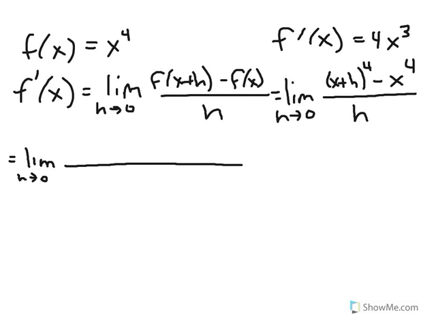So, using what we just saw, we're going to have to use the row of Pascal's triangle that uses the coefficients 1, 4, 6, 4, and 1. So we know we're going to have 1 times x to the fourth.